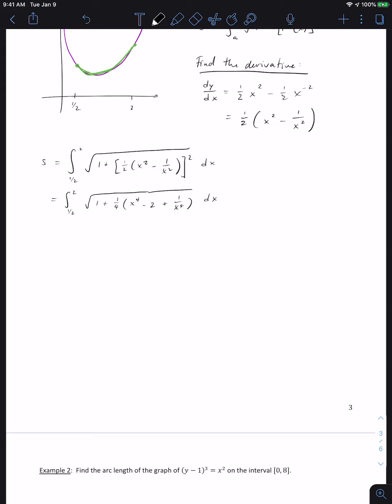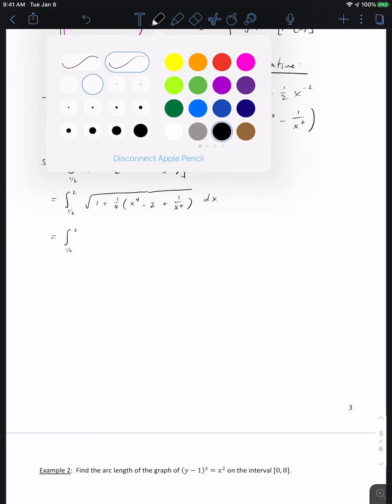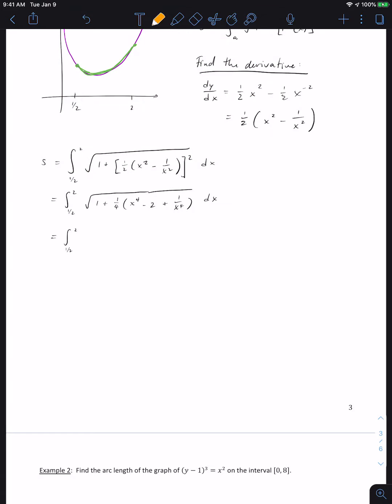Now, again, this is a little bit of an algebra trick, and you'll have to do some algebra tricks on these arc length problems. I can actually pull out a 1/4 of both terms. My first term is the 1. If I pull a 1/4 out of 1, what's left over?